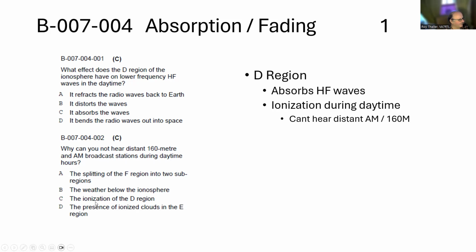And that's because of the ionization in the D region. So C is the correct answer. The ionization in the D region causes absorption of the radio signal. So you want enough ionization to allow propagation to happen, but you don't want too much ionization that prevents the propagation.